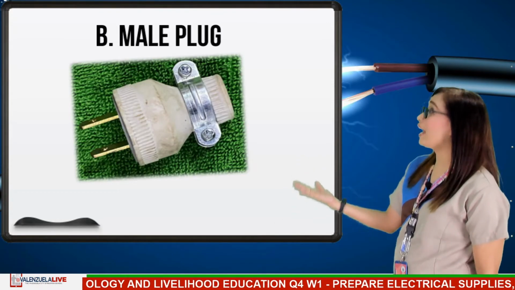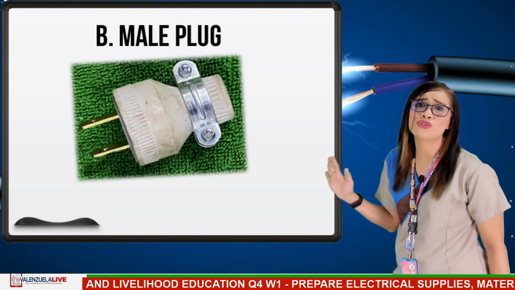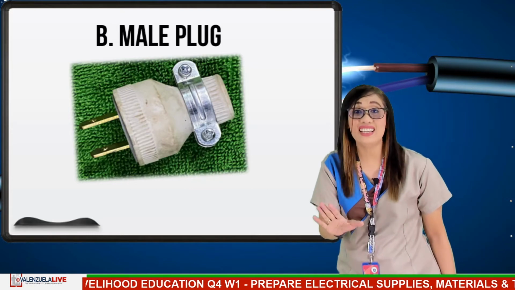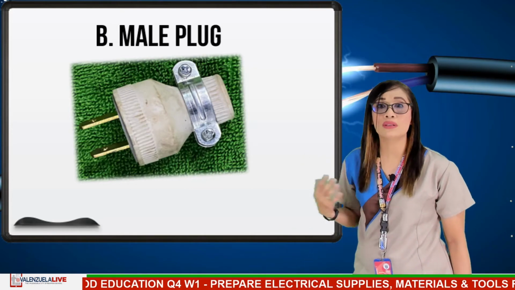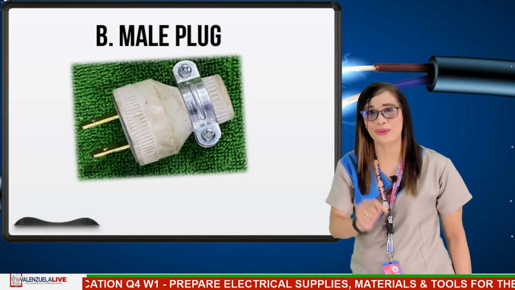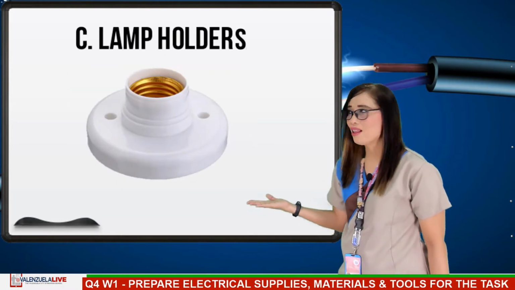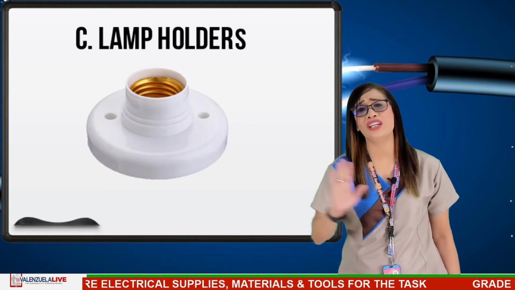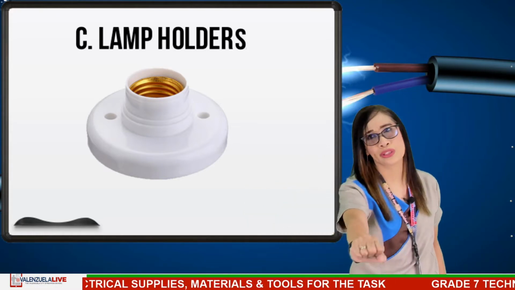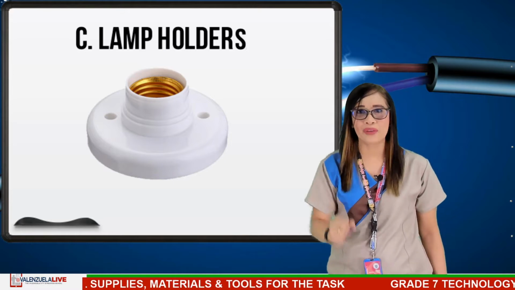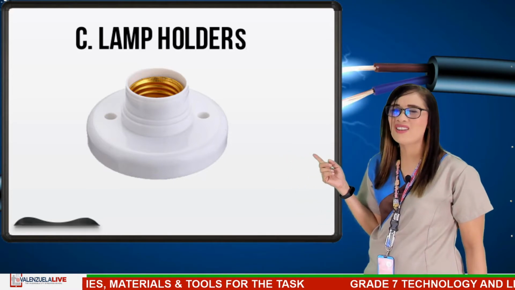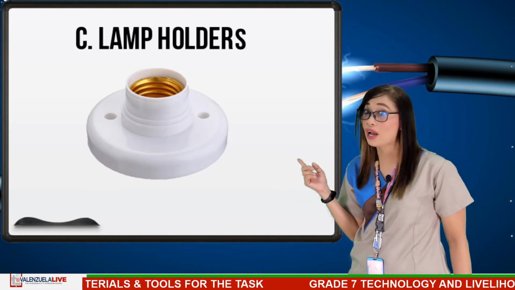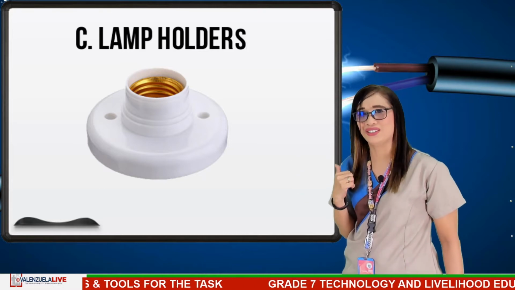This is a device inserted to a convenience outlet to conduct electric current. Next, lamp holders. This is a device that holds and protects the lamp and is also called a lamp socket or receptacle.